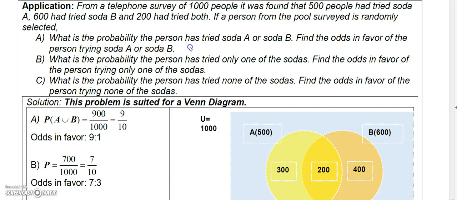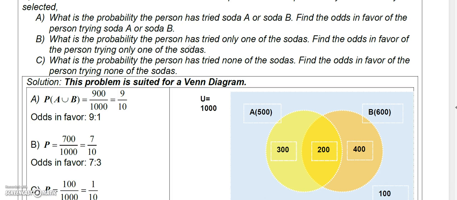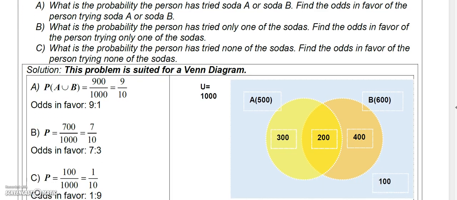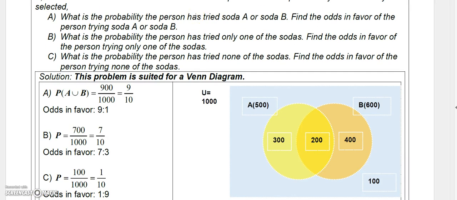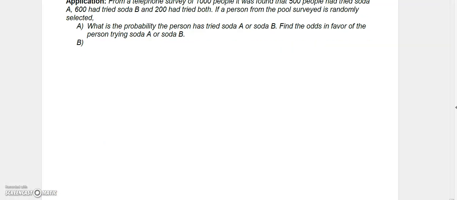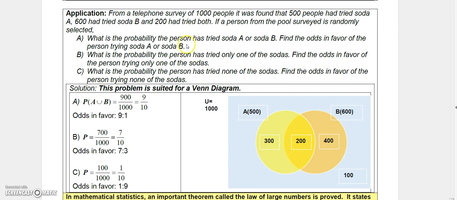So we can just calculate the probability. That's just the probability of a union. So if you do your little Venn diagram, you've got 1,000 people, and 500 tried soda A, 600 tried soda B, and 200 tried both.